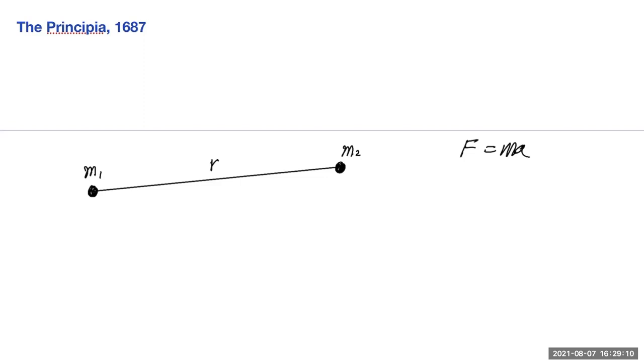The only possibility is that the force is also proportional to the mass. In fact, we know the force of gravity is mg near the surface of the Earth. So here's a force that's proportional to the mass of the object that receives that force, right?